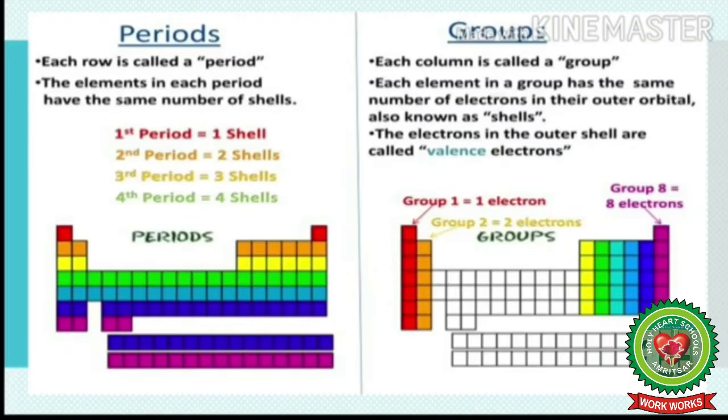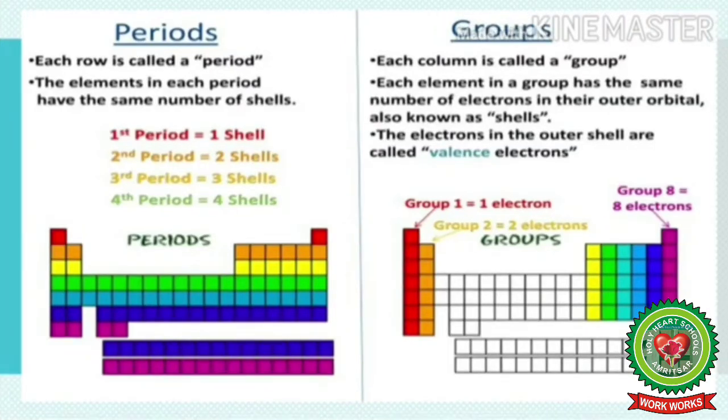Whereas each element in a group has the same number of electrons in its outermost orbital, also known as shell. The electrons in the outer shell are called valence electrons.